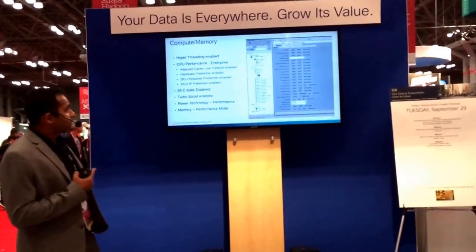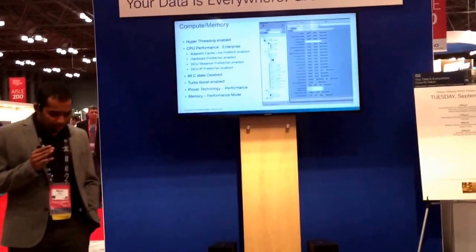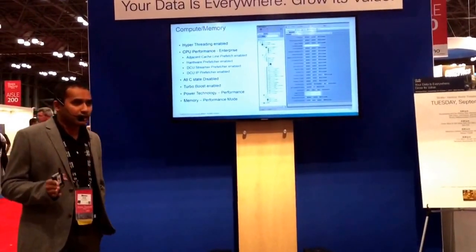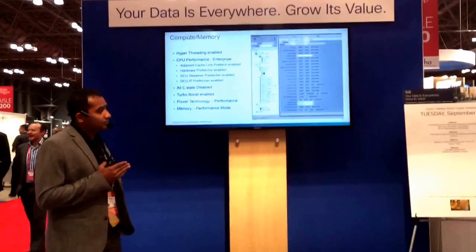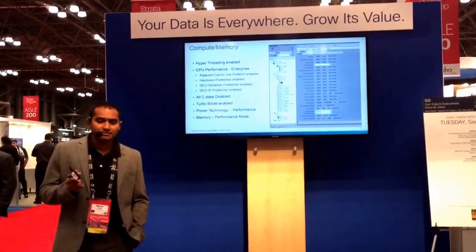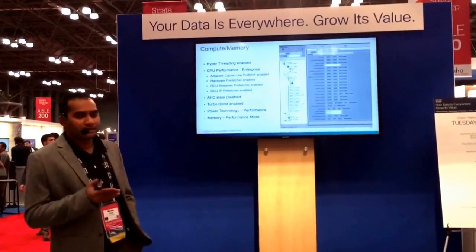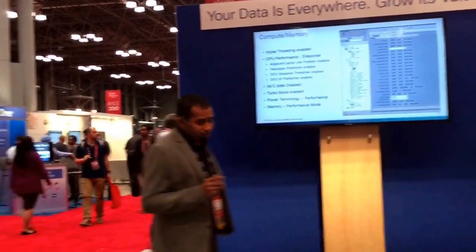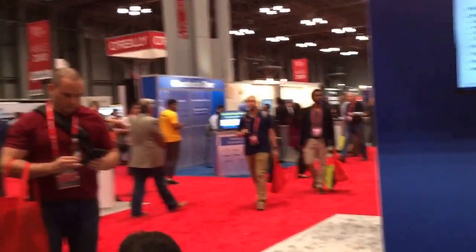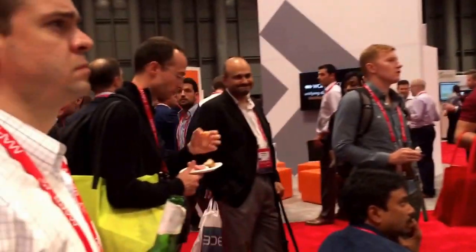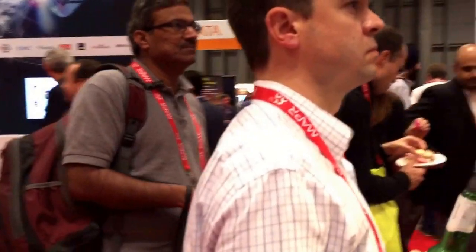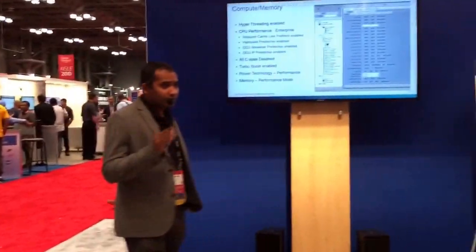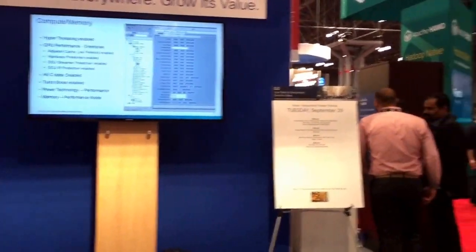For our scenario, for the big data kind of workload, where the workload is purely sequential I/O, we found that the CPU performance setting Enterprise gives the best performance, because in Enterprise all the prefetchers are enabled by default. In the system, all C states should be disabled to get optimized performance, because a C state is just a halt of the CPU that takes it into idle mode. If you don't disable it, coming back to performance mode will affect the performance. Turbo boost should be enabled. Power technology should definitely be on performance mode.